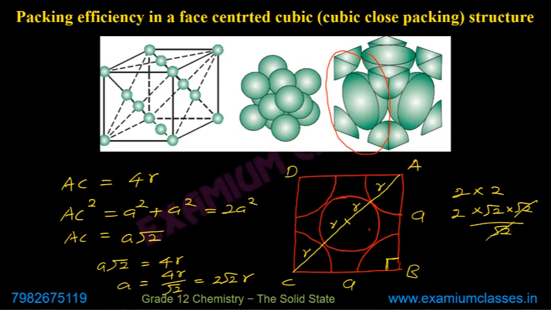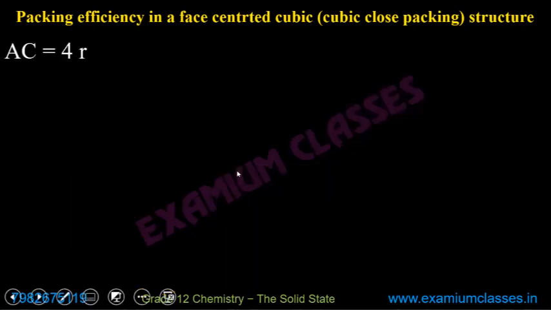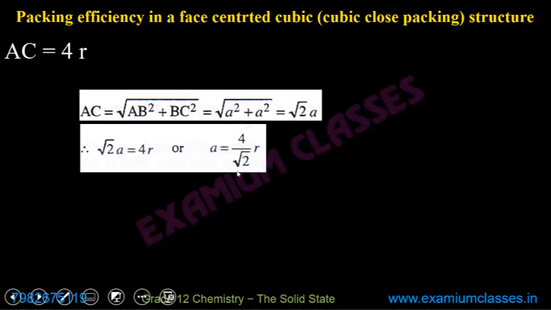You got 2 root 2 R. So in case of face-centered cubic, the relationship you must remember is A equals 2 root 2 R. So AC is 4R and you got the relationship. Either you write A equals 4 by root 2 R, it is actually 2 root 2 R.